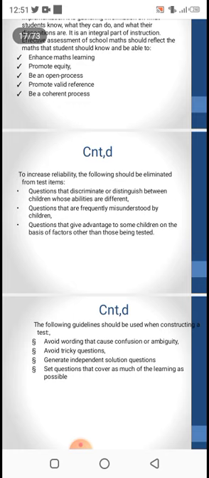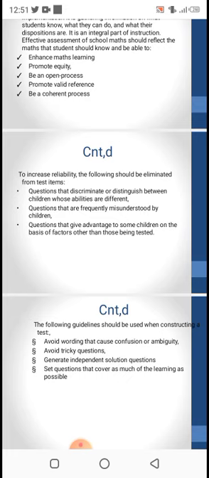To increase reliability, the following should be eliminated from test items. Questions that discriminate or distinguish between children whose abilities are different.